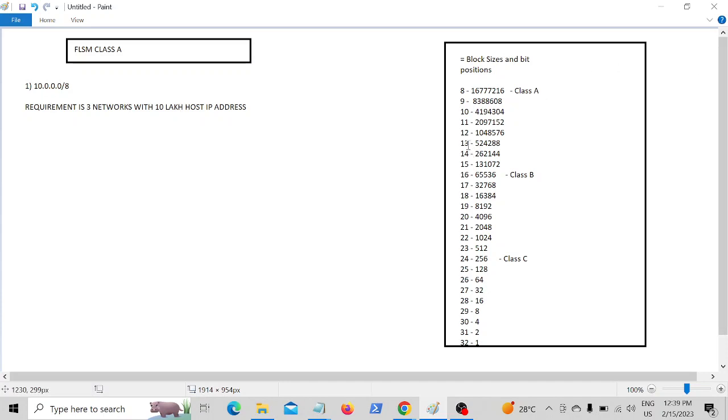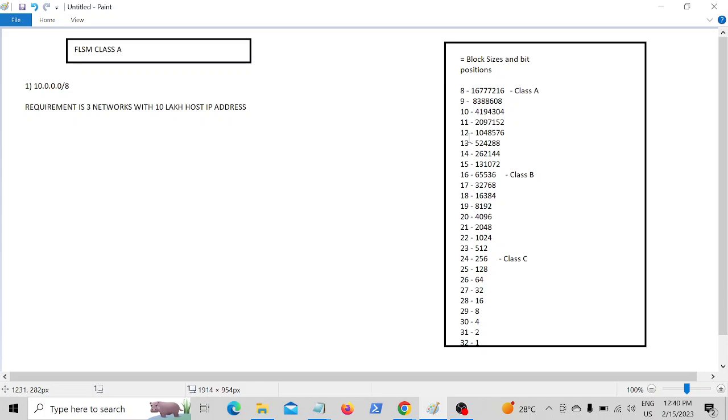If you go for 13, it becomes 5 lakh 24,288. But if you go for 11, it becomes much more, which is wastage of IP addresses.